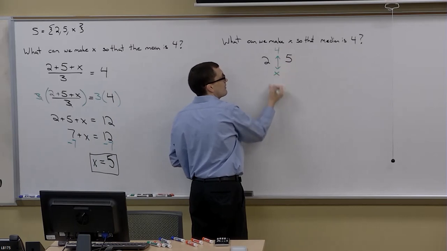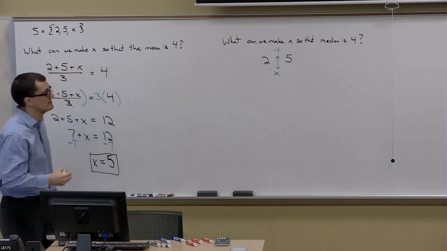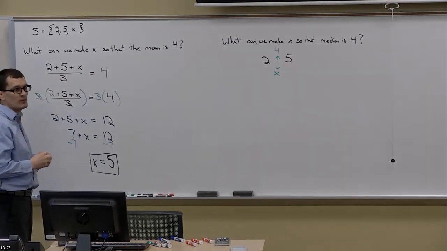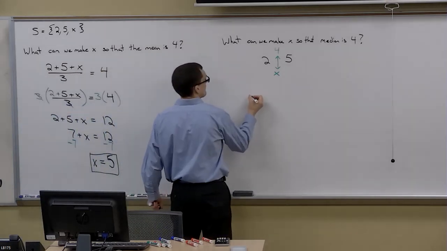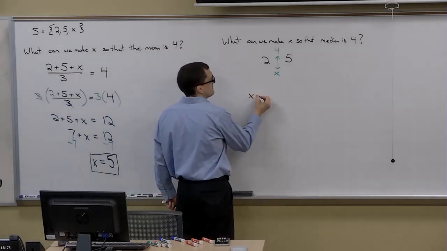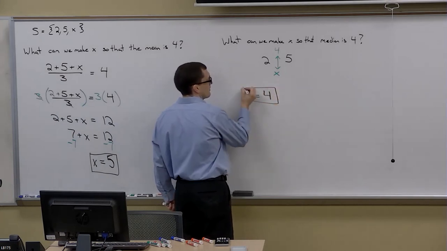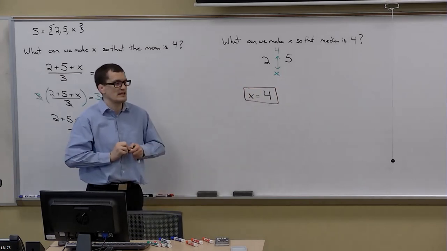And therefore, the only option I have is to make x 4, so that it's the middle number numerically. So if you want the median to be 4, then x would have to be 4. And that's all you're saying there.